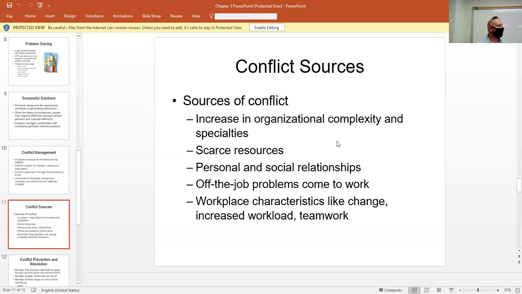You don't pay us enough. How do you expect us to do this? Is that a source of conflict? Absolutely, and that's between them and you. Scarce resources make people mad because expectations are still there.